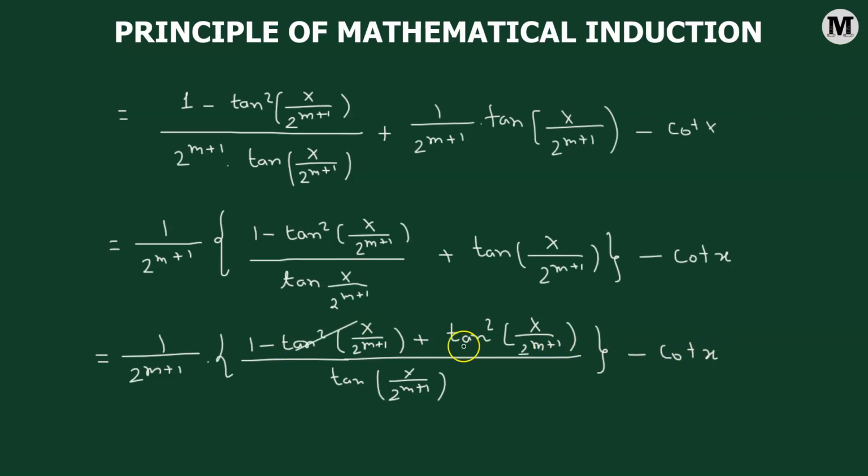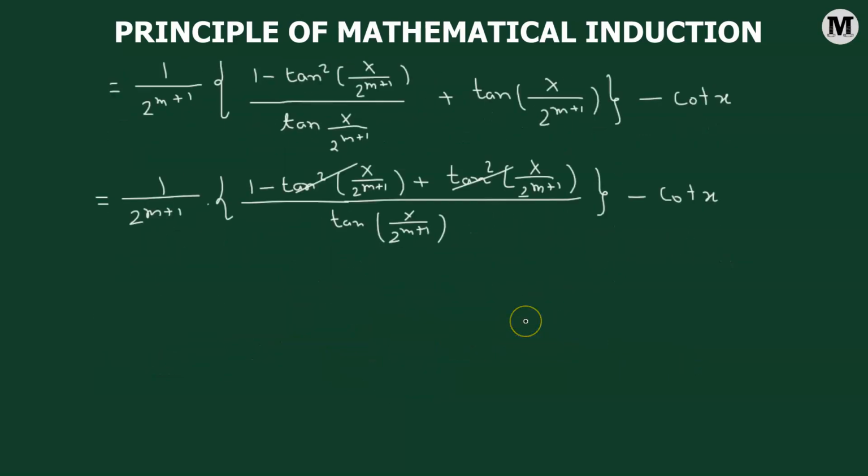So luckily for us, the second term and the third term cancel out, and that leaves us with 1 over 2 raised to the power of m plus 1 multiplied to 1 over tangent of x divided by 2 raised to the power of m plus 1 minus cotangent of x.